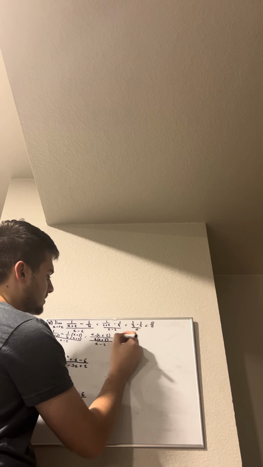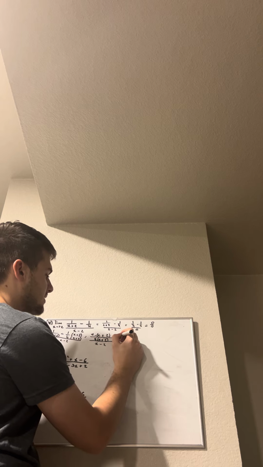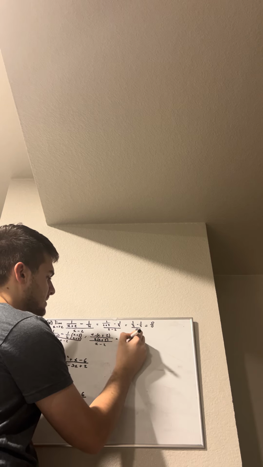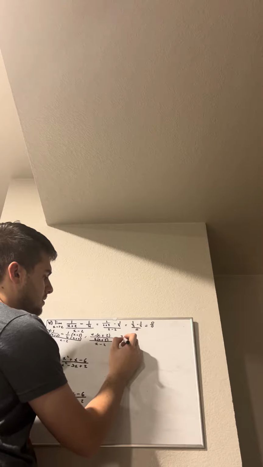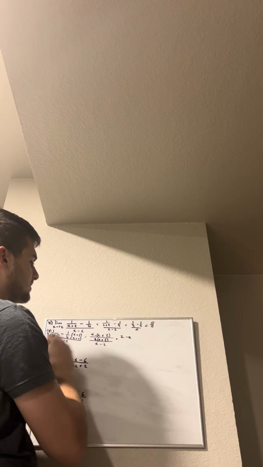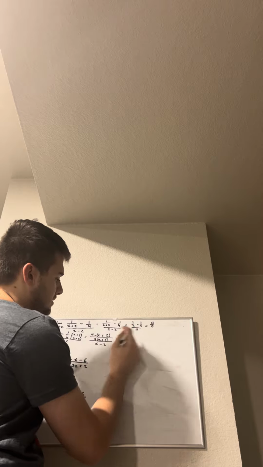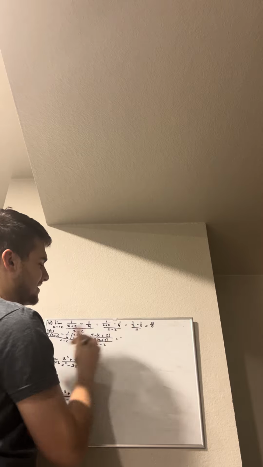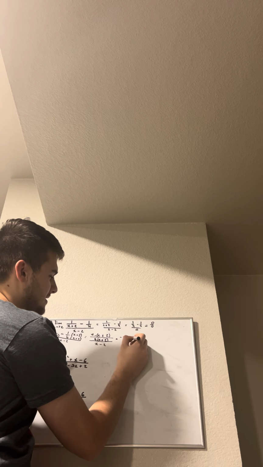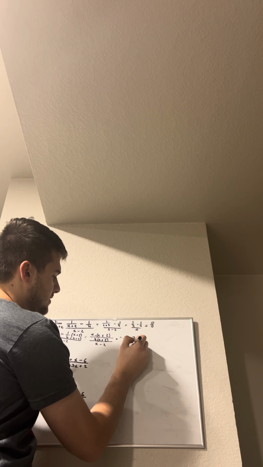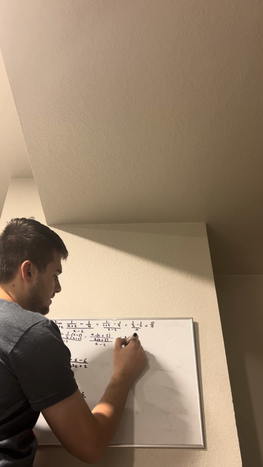So this we just simplify to 2 minus x. You can just rewrite it as negative x plus 2, over 4 times x plus 2, over x minus 2.